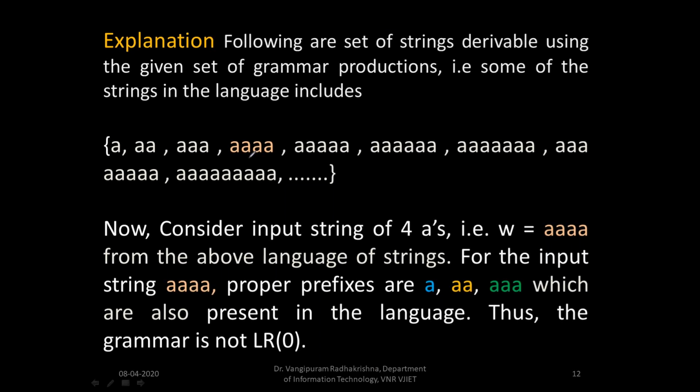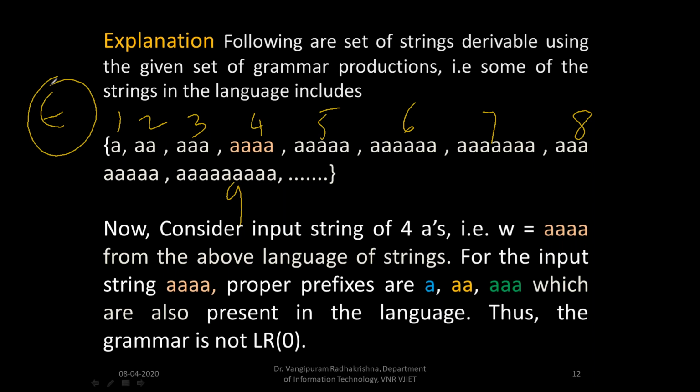So here you can see the possible strings which are of length 1, length 2, length 3, length 4, length 5, length 6, length 7, length 8, length 9, and so on. No doubt epsilon is also one of the members of the language.